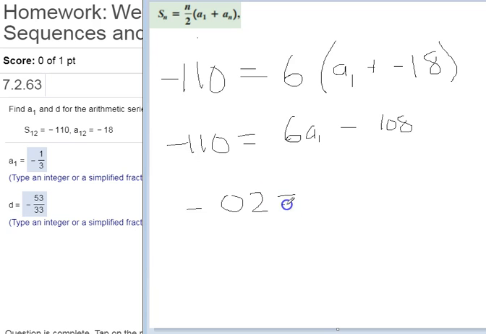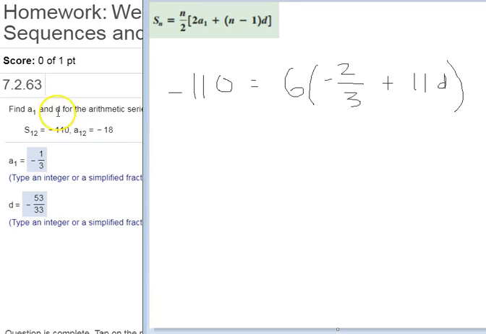Negative 2. And then to solve and get A1 by itself, we divide both sides by the 6. So negative 2 divided by 6, and over here, we have just A1. You can reduce that to lowest terms as a fraction. That would be negative 1/3. And that is our final answer.